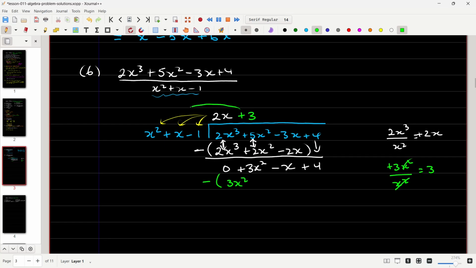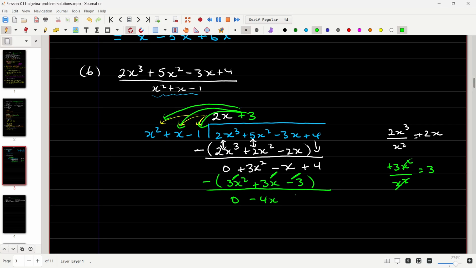I'm multiplying this by this, I'm multiplying this by this, and then I'm multiplying this by this. All right, so that is 3x squared plus 3x and then minus 3. All right, do that polynomial addition and subtraction, and I'm going to get 0 here out in front with these two. Then with these two, I'm going to get minus 4x.